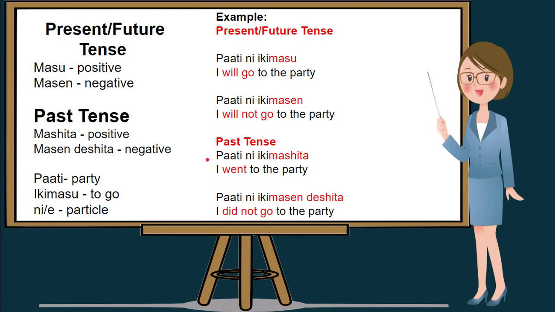Next, we will try to make this positive past tense into a negative past tense by using ikimasen deshita. Paati ni ikimasen deshita. Since we use ikimasen deshita, this is a negative past tense, meaning in English, did not go.